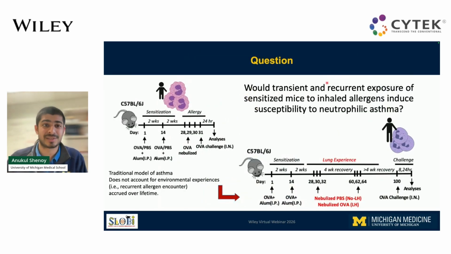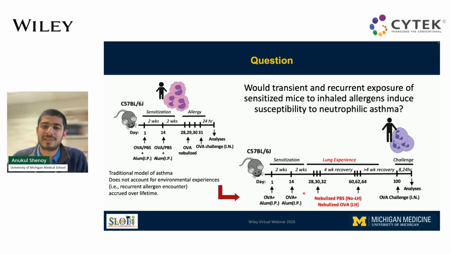So in other words, if we take this model of eosinophilic asthma, where we sensitize the mouse to O-albumin and expose them to albumin by nebulization, instead of giving only one challenge, we let the mouse rest, give another challenge, let the mouse rest, and then give another challenge, essentially to accumulate memory of their exposure to these allergens.